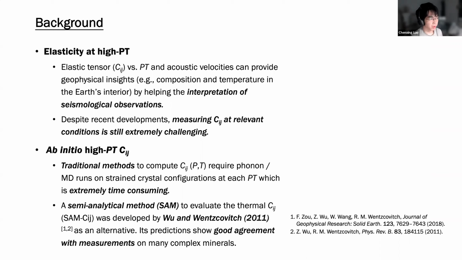And by comparing the minerals' acoustic velocities with seismic observations, which are the seismic wave speeds in the Earth, we are able to understand what's inside the Earth, or the chemical compositions.